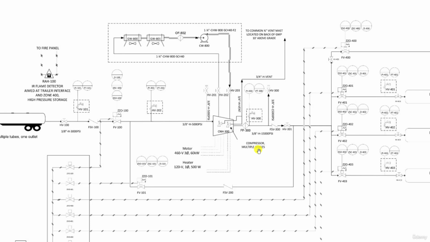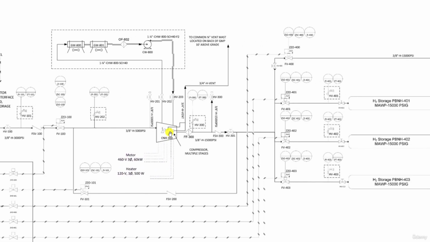Recall, reciprocating compressors fall under the category of positive displacement compressors. Also here you have details on the compressor motor and heater. You can see inside the compressor symbol two pressure relief valves. These valves are installed to protect the interstages of the compressor from overpressure.